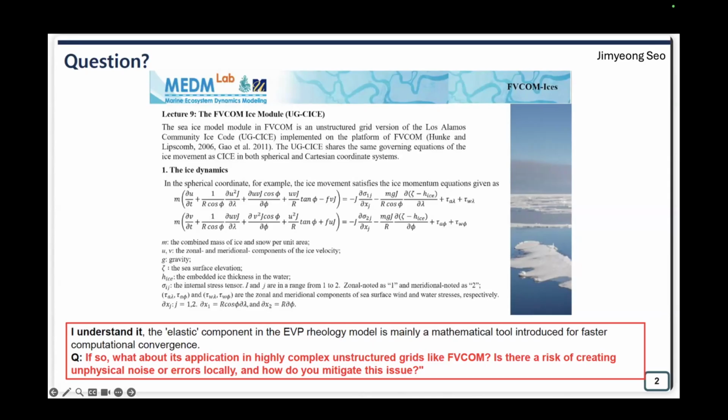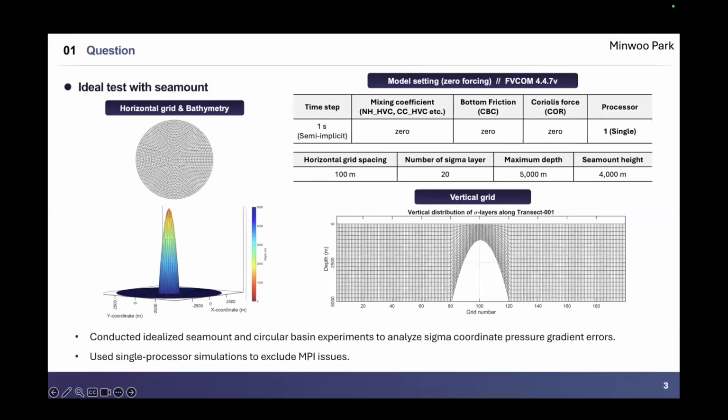Good. Are there other questions? The next question is from Mingwu Park. To analyze sigma coordinate pressure gradient error, I conducted a zero forcing test in a circular basin with a seamount.